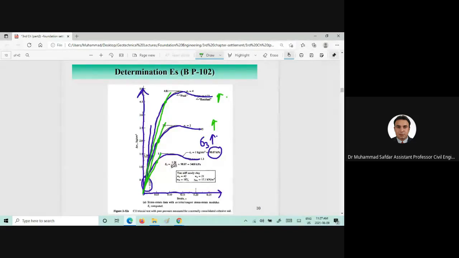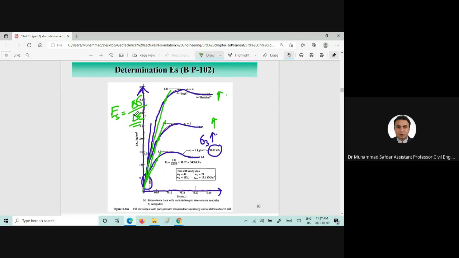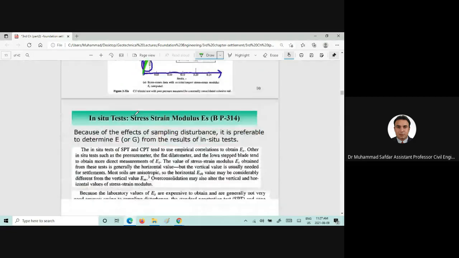And again, you can use this equation to calculate the modulus of elasticity from triaxial test as well.